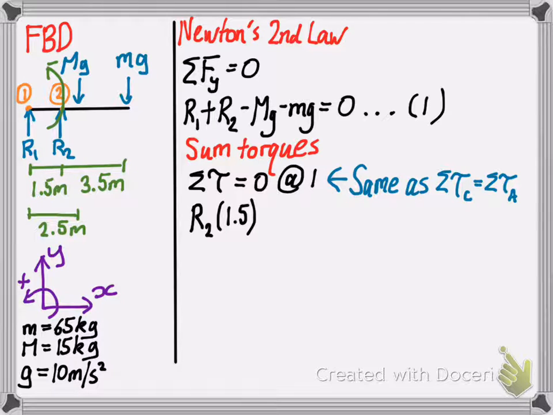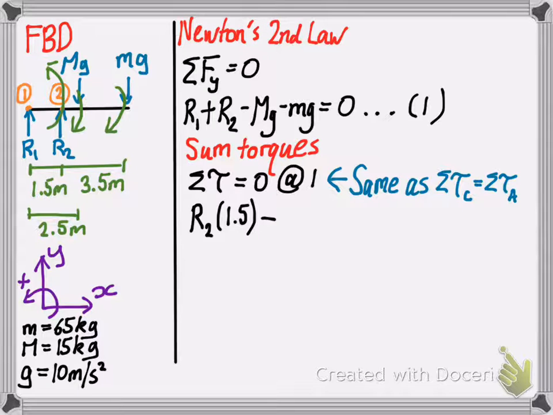We're going to have the reaction force 2 going around point 1. So the perpendicular distance of the force here is 1.5 meters multiplied by the force at that point, which is R2. So we have R2 times 1.5 as our torque there. And this is going anti-clockwise, so it's positive.